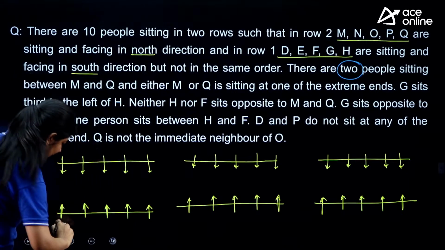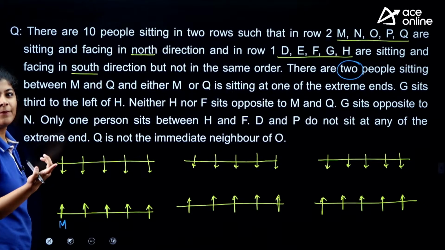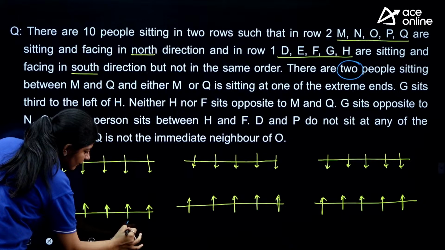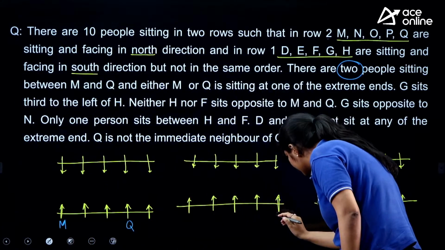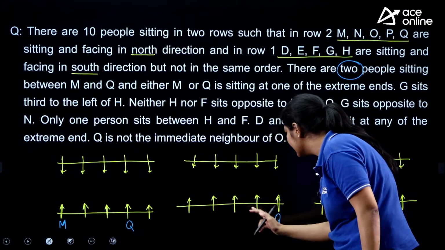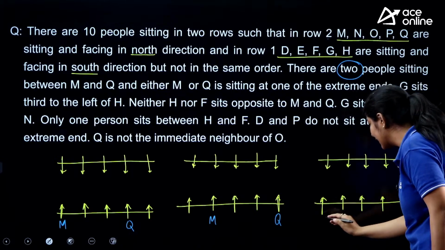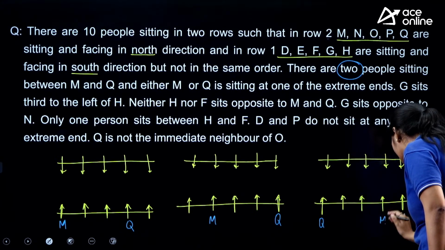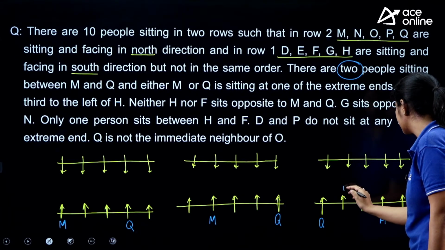We can assume that M is sitting over here at the corner, and 2 people in between, 1, 2, so here we have Q. Now there are chances that Q is sitting at the corner and there are 2 persons in between. We might have this case that over here we have Q and here we have M, and we are left with one more case, so we can draw it like this.